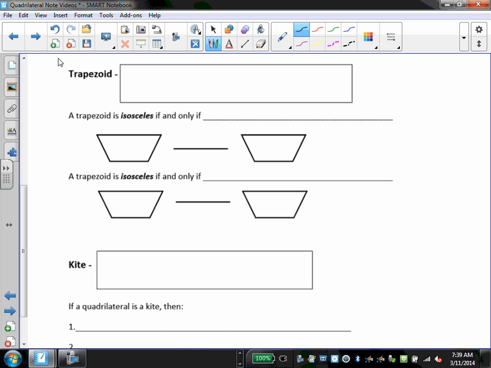Well, a parallelogram has two pairs of parallel sides, and a trapezoid is a quadrilateral with one pair of parallel sides.